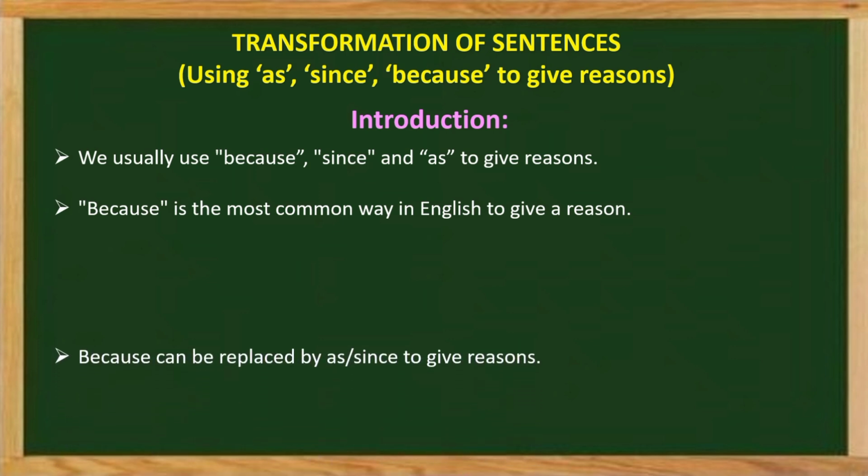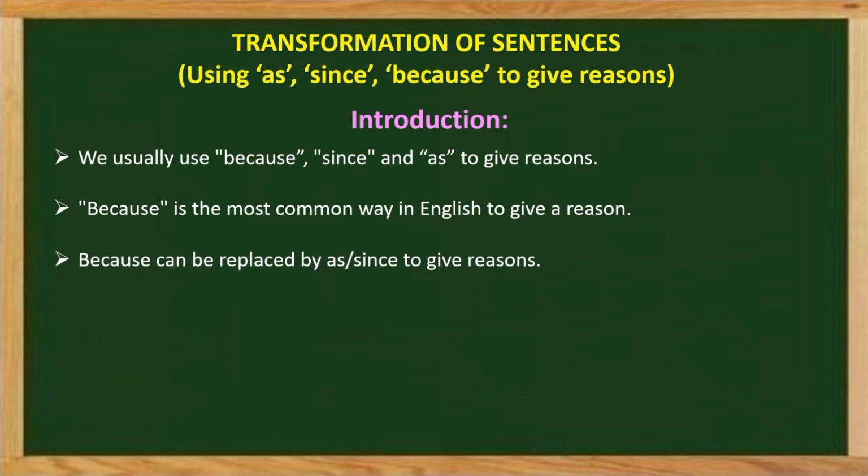Sometimes we use as and since also to give reasons in place of because, but mostly we use because. As and since, these two words we use for other purposes also, but today I'll restrict ourselves to giving reasons.